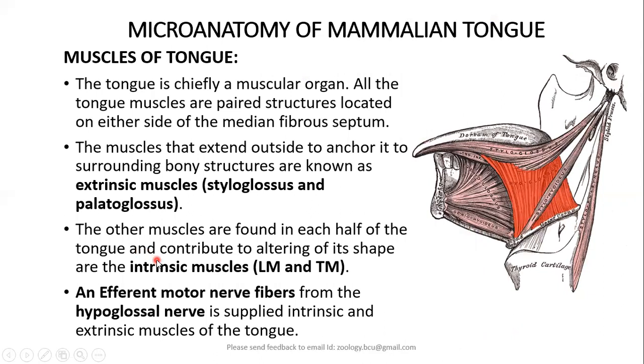Coming to the muscles of the tongue, because the tongue is chiefly a muscular organ. Interestingly, the tongue exhibits bilateral symmetry. What does it mean? That means all the tongue muscles are paired structures located on either side of the median fibrous septum.